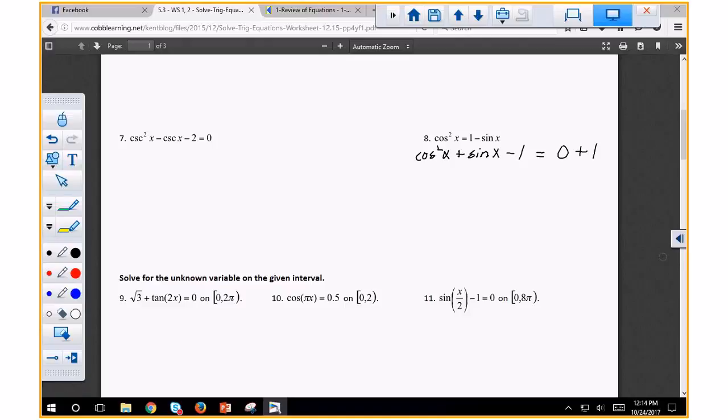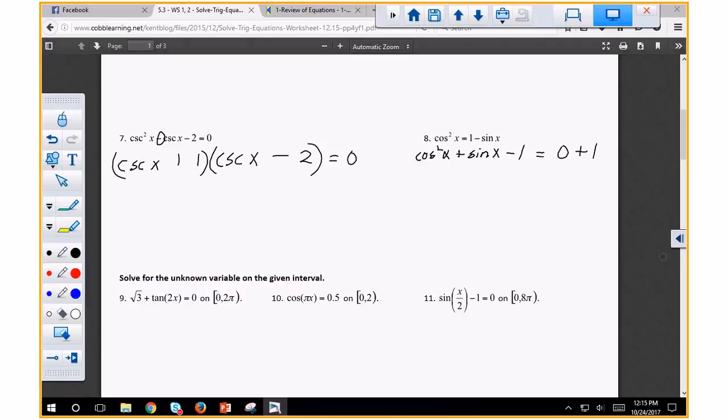This one, cosecant squared, let's see, 1 and 2. Yeah, this one is factorable. Cosecant x, cosecant x, equals 0, 1 and 2. We want a negative, so that means the 2 is bigger, so it has a negative.